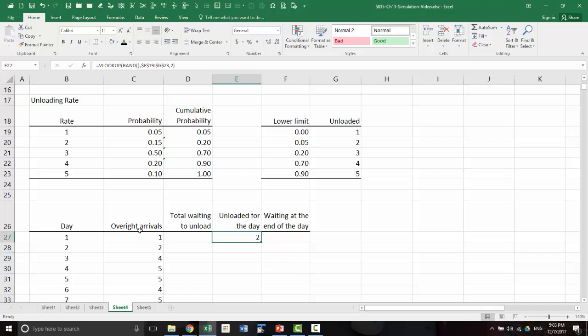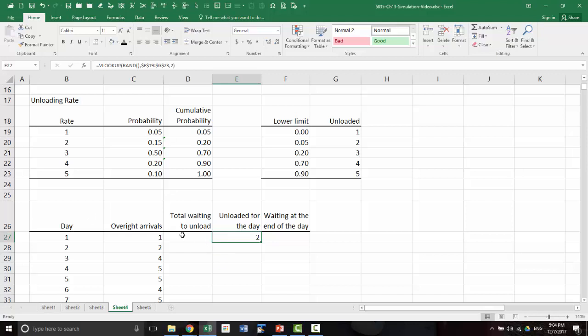Now the arrivals is 1, but unloading we are saying is 2. How is that possible? We can't unload more than what is there. So this is how many barges can be unloaded. So we really need to make sure that this doesn't exceed the total barges available to unload.